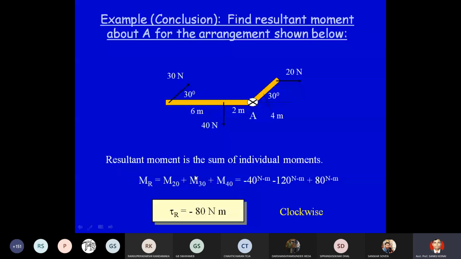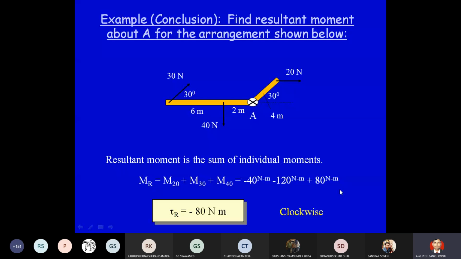The first moment is clockwise, so negative. The second was also clockwise, so negative, and the third one is anti-clockwise, that is positive. So minus 40 Newton meter, minus 120 Newton meter, plus 80 Newton meter. If you just add these three, you will get minus 80 Newton meter. So the resultant moment is minus 80 Newton meter, or you can say 80 Newton meter clockwise moment.